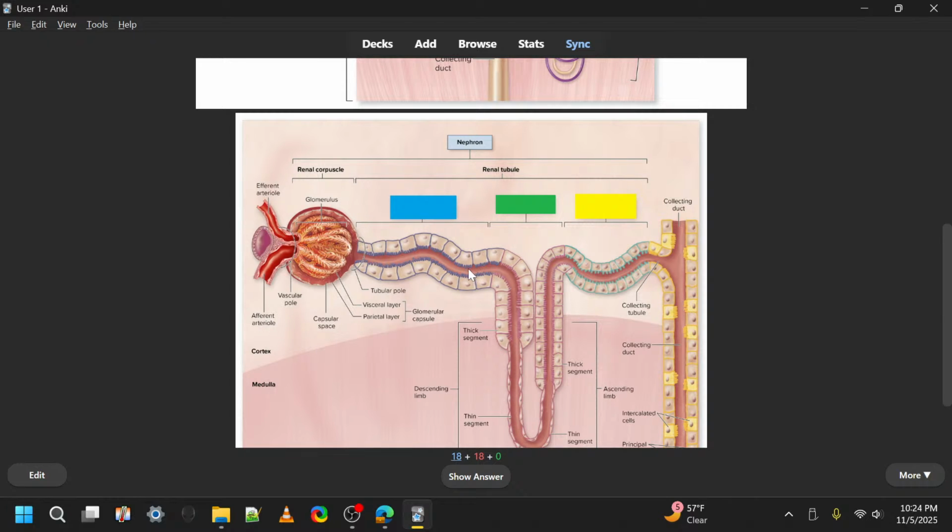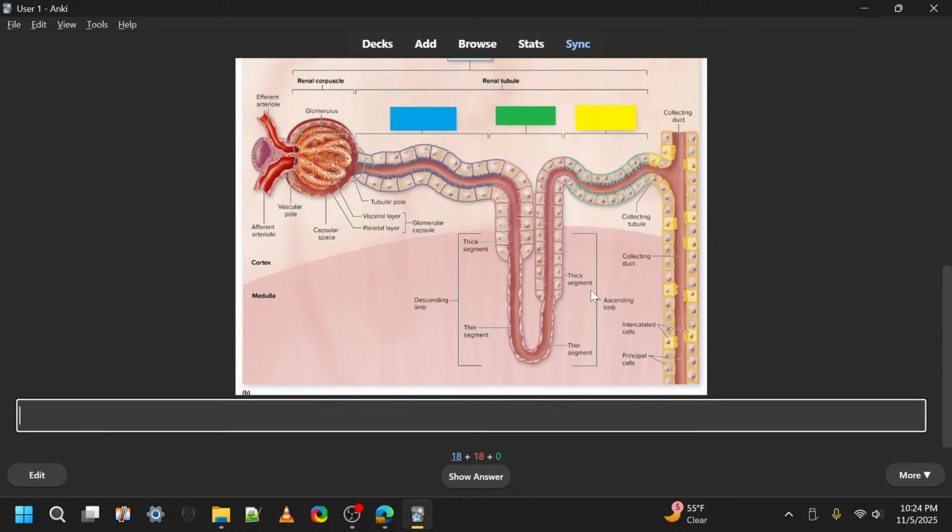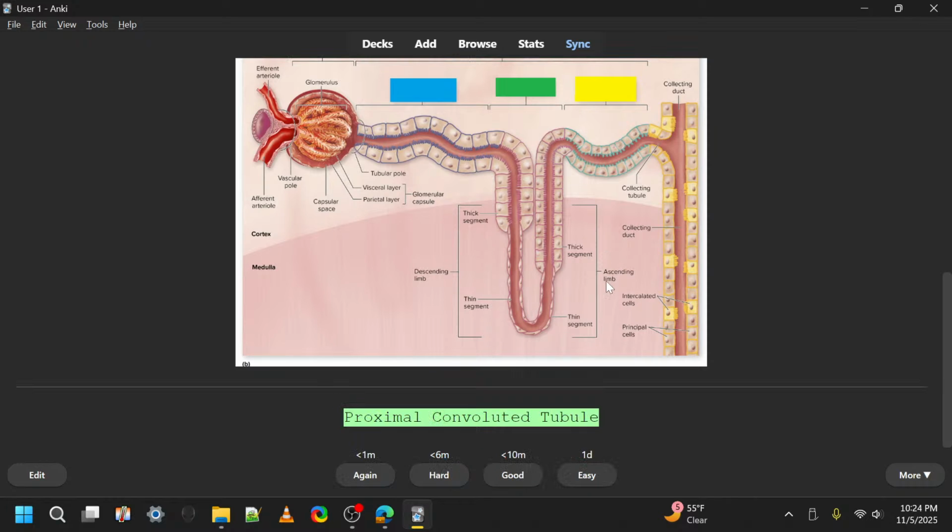So this would be the proximal convoluted tubule, because it's proximal, so it's near the glomerulus. And the yellow would be the distal convoluted tubule, because it's distant from the glomerulus in order of track. It could be physically near it, but going down the tube, it's further away from the glomerulus. So the blue is the proximal convoluted tubule.